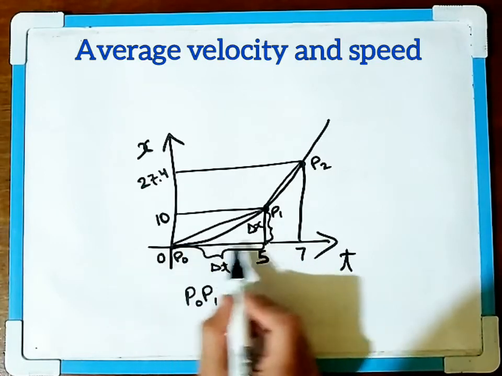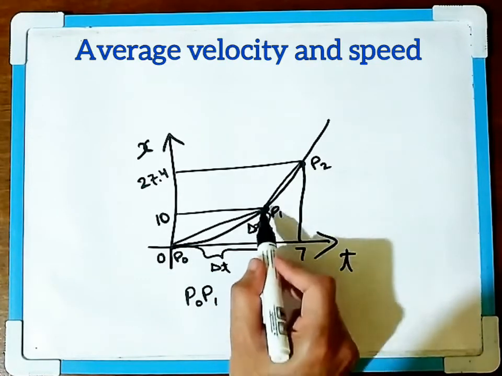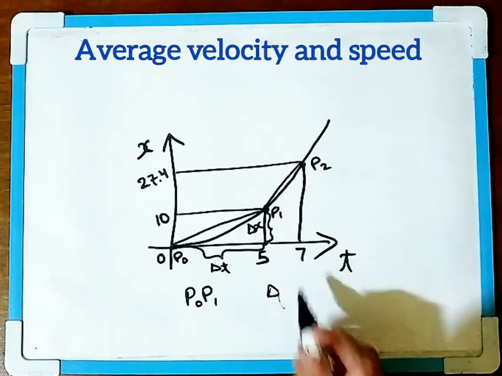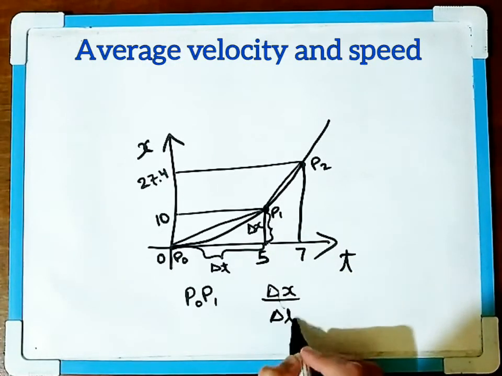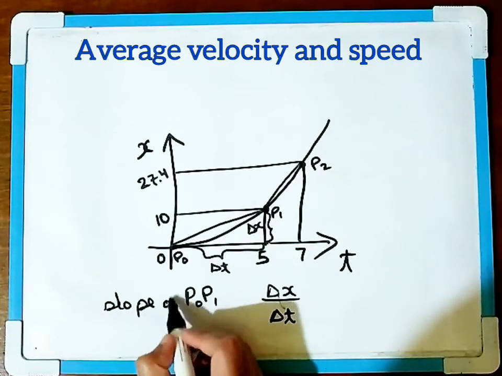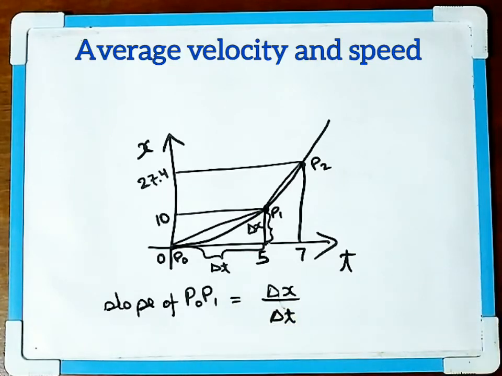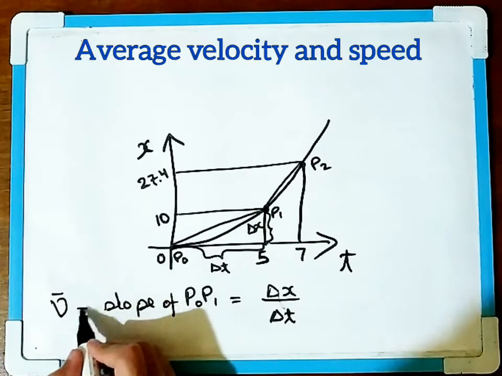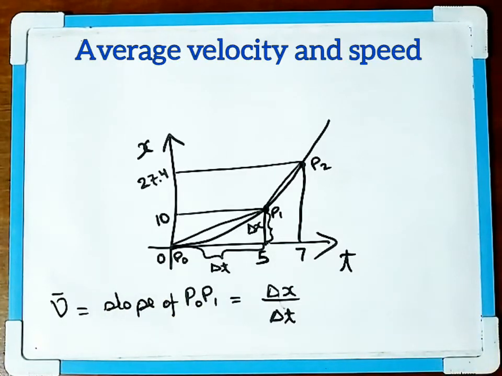So this is the time interval and this is the displacement. So if we take delta x by delta t, then this will be equal to the slope of this line P0, P1. So that will actually give you the average velocity. So you need to remember this concept. Average velocity is the slope of the straight line joining the initial position and the final position.